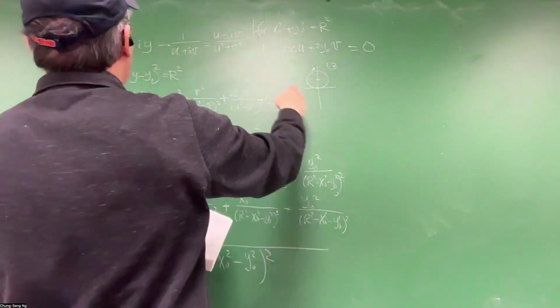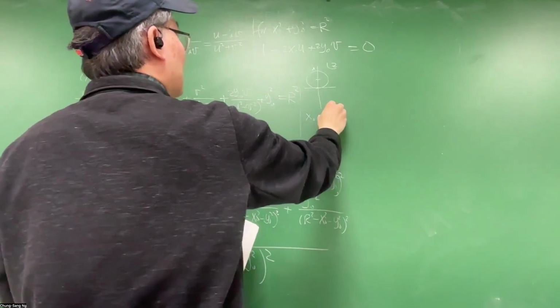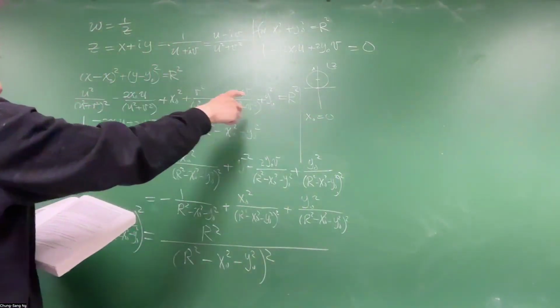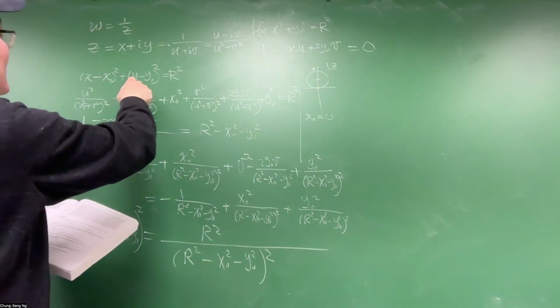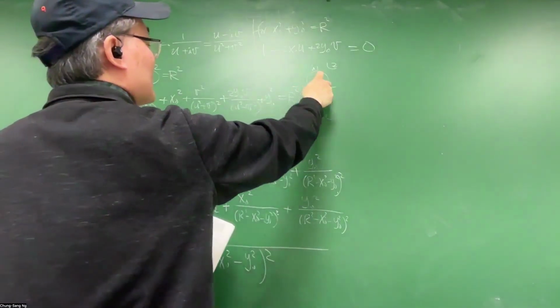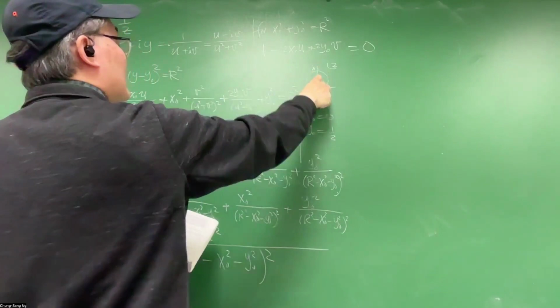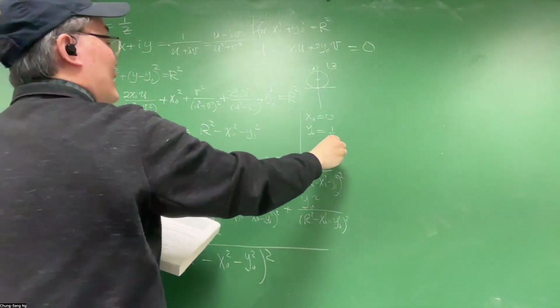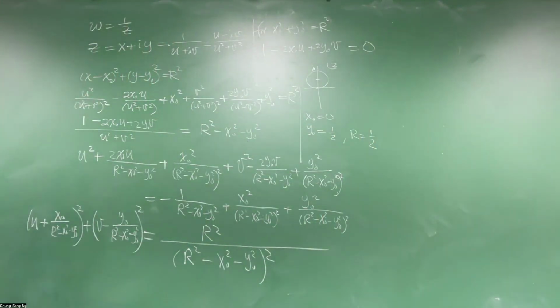So for this case, x0 is 0, right? This is a circle, so x squared plus y minus 1/2 squared. So y0 is 1/2. And the radius is also 1/2, so r is also 1/2, right?